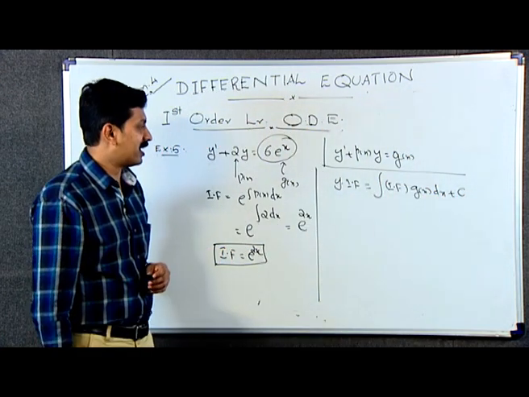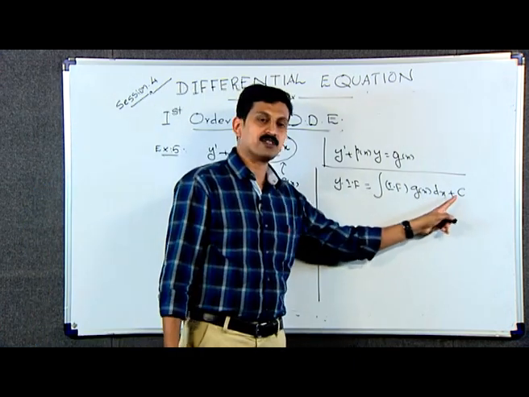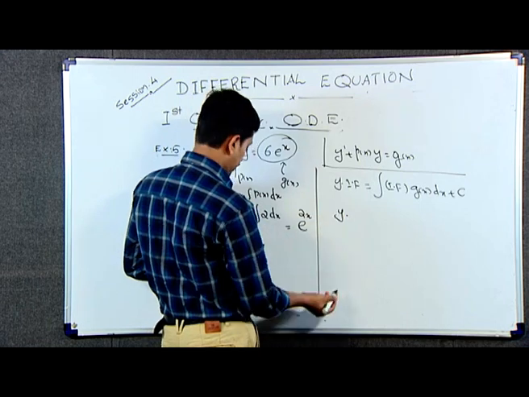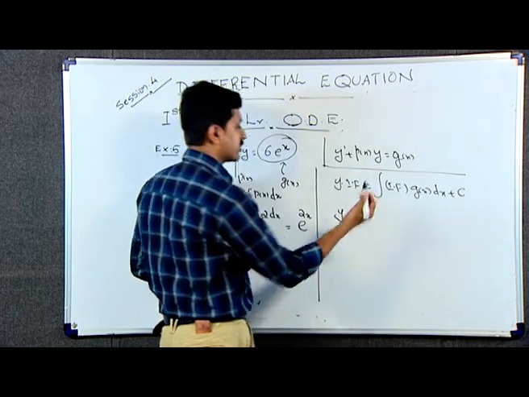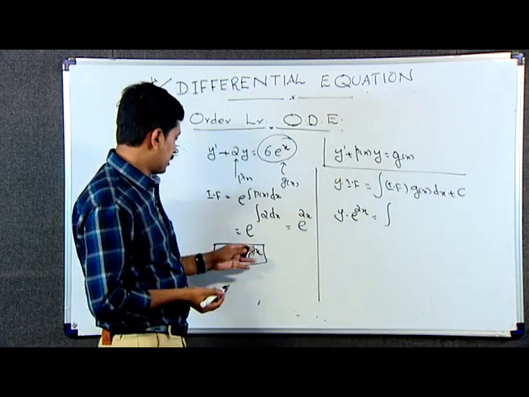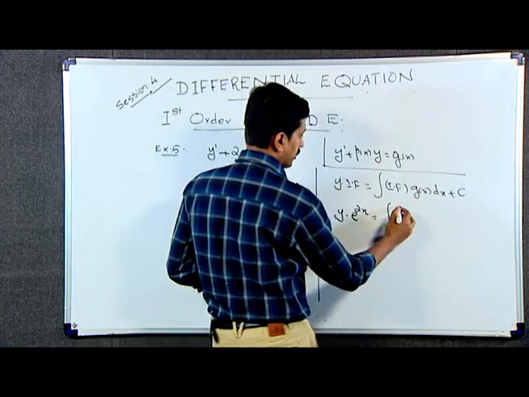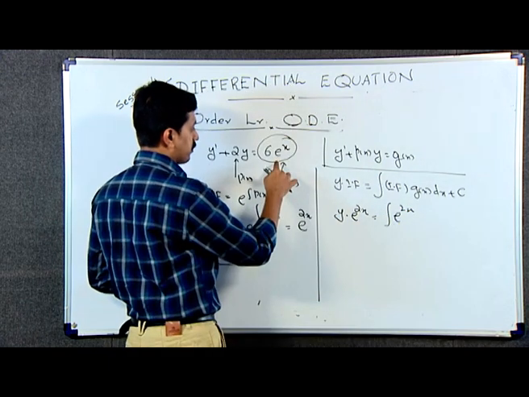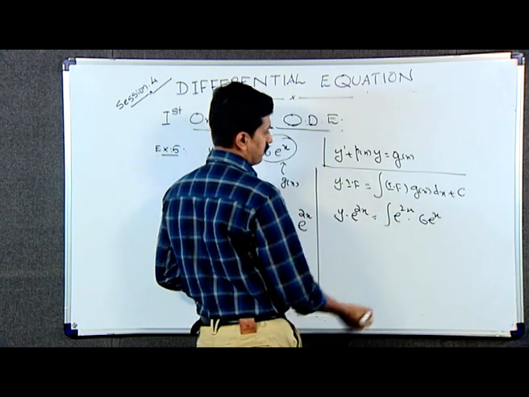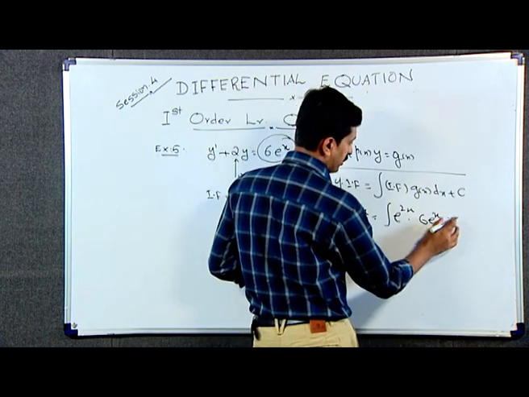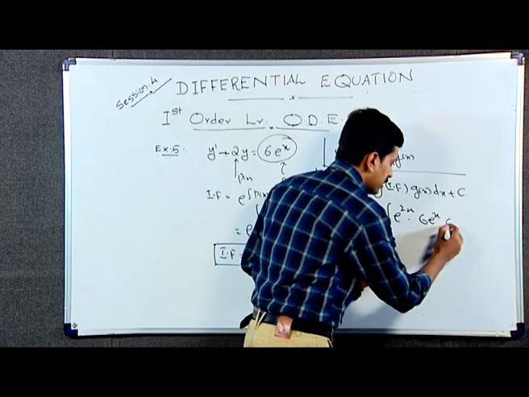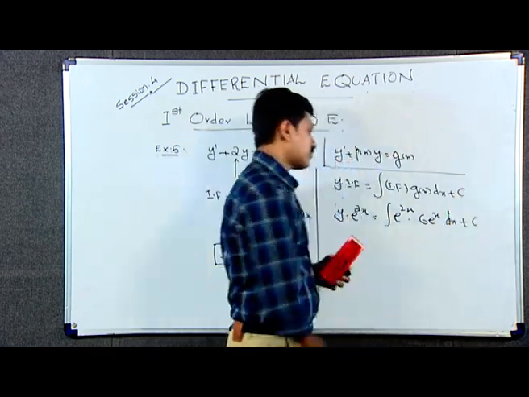Here the integrating factor is e raised to 2x, and g of x is 6 e raised to x. So y e raised to 2x is equal to the integral of e raised to 2x times 6 e raised to x dx plus c.